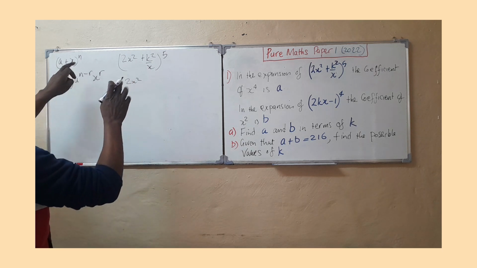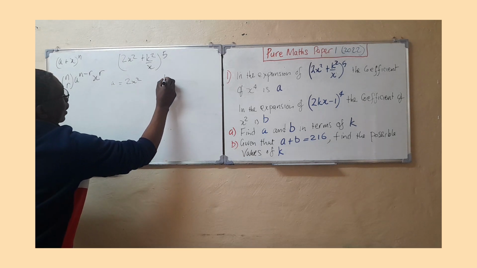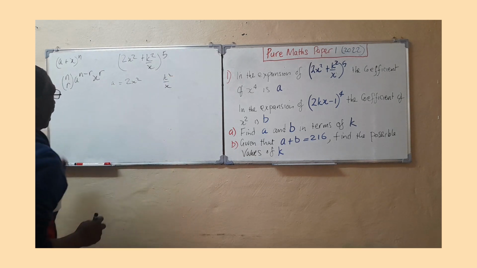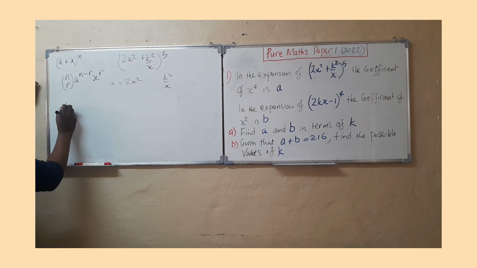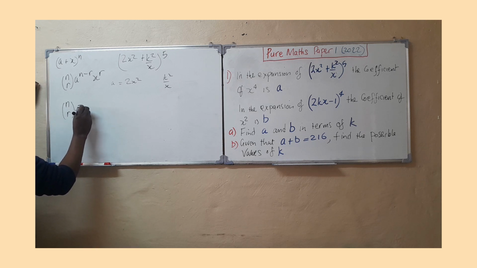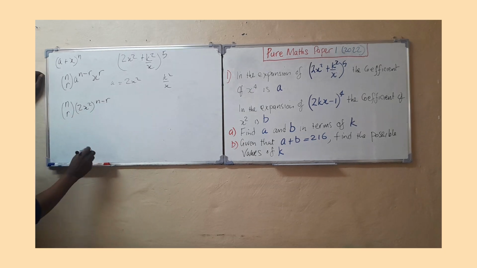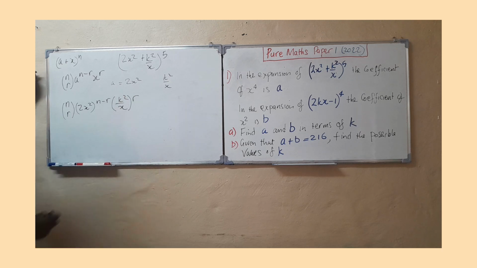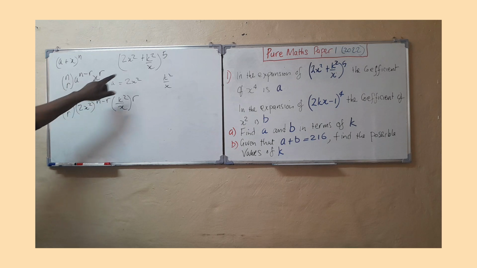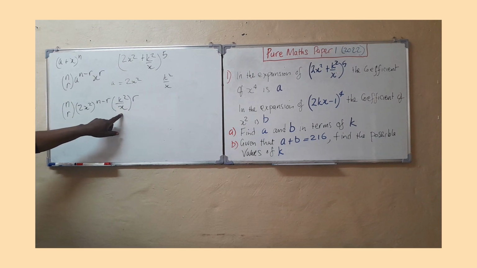And the x term there will be taken over by k squared over x, right? So our general term of the series will be n choose r, 2x squared to the power n minus r, multiplied by (k squared over x) to the power r. Okay, all we did here was replace our a with this and replace the x with that.